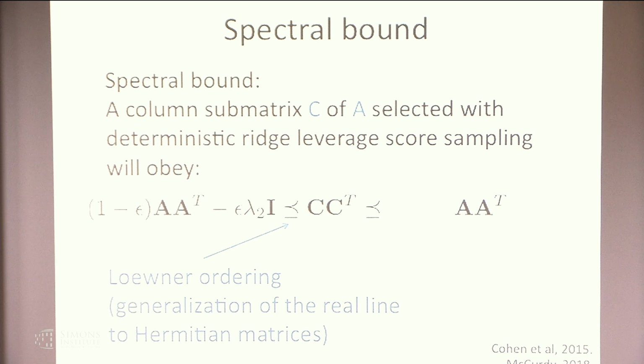You can say that a matrix is greater than another matrix if it is Hermitian and, for all vectors x, dot products with respect to one matrix are less than dot products with that same vector x with another matrix. Then the matrix for which all dot products are greater is greater than the other matrix in the Loewner ordering.